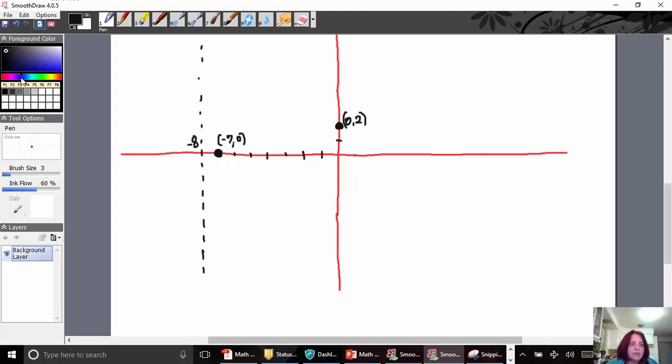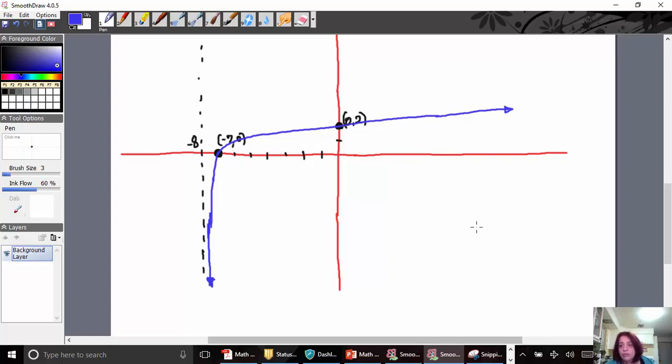The next step is to graph the function. I already know the shape of my function, and I graph it appropriately in order to show that it's asymptotic to x equals negative 8. And that's our graph.